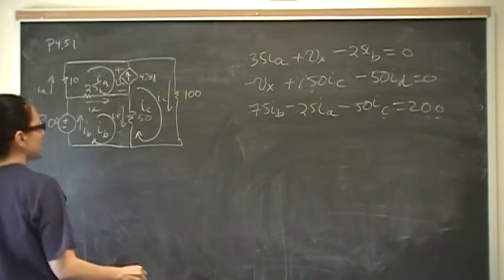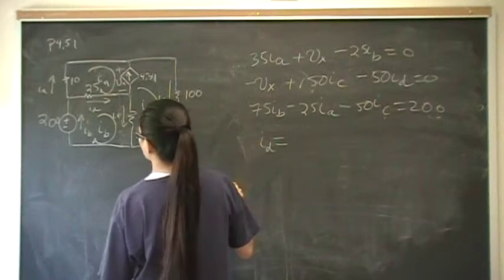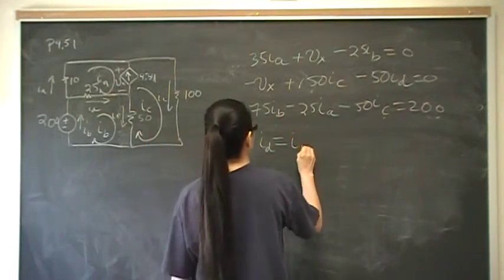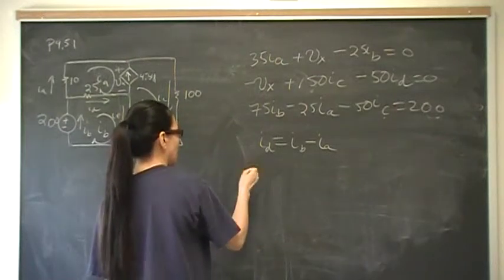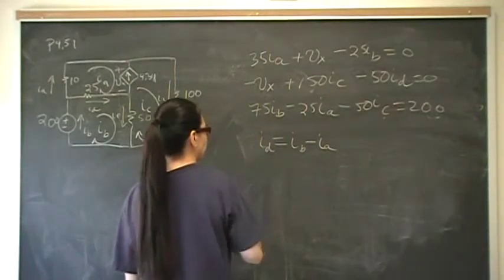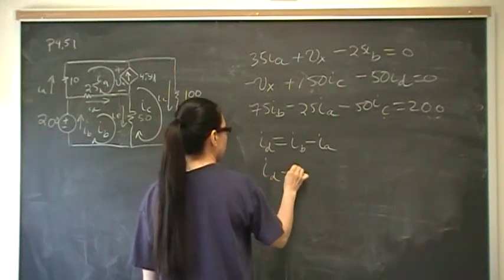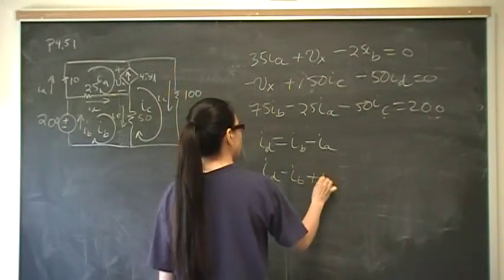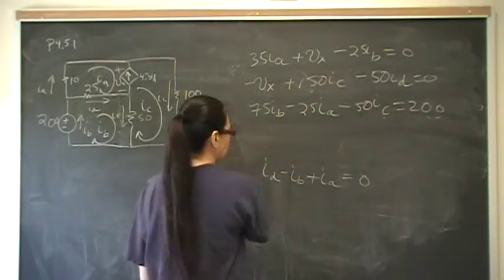So the ID is a net current of IB minus IA. Now we're going to rewrite that with everything on one side. So that's going to be ID minus IB plus IA is equal to 0. That's how we're going to rewrite that.